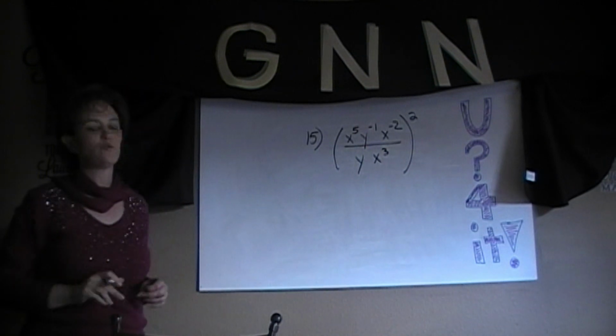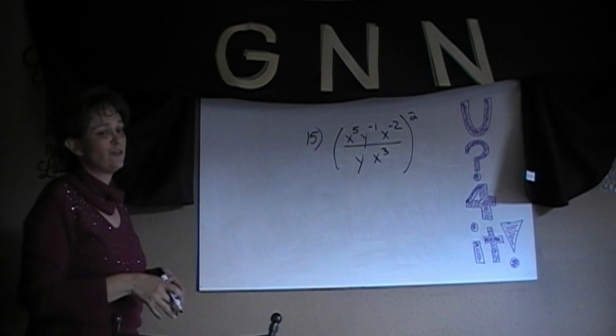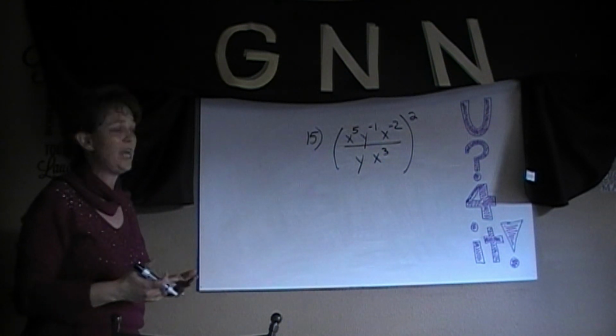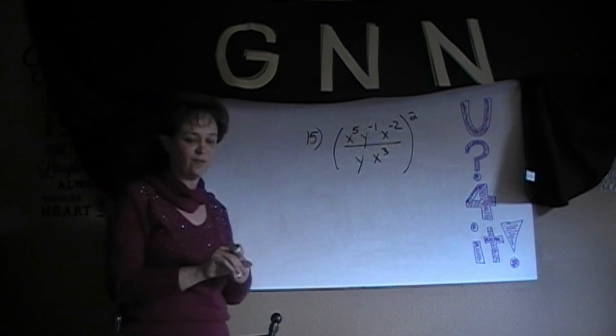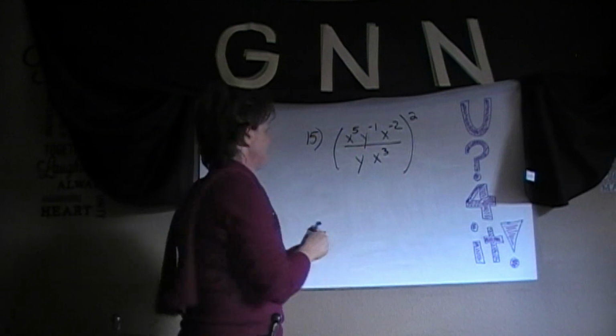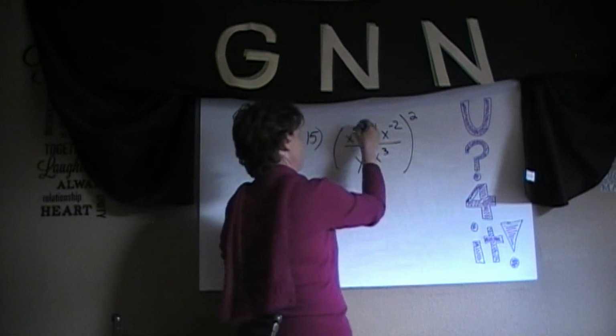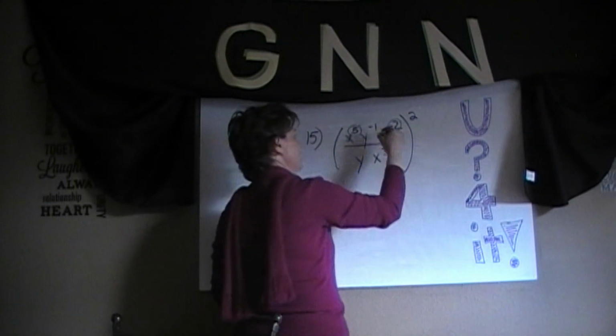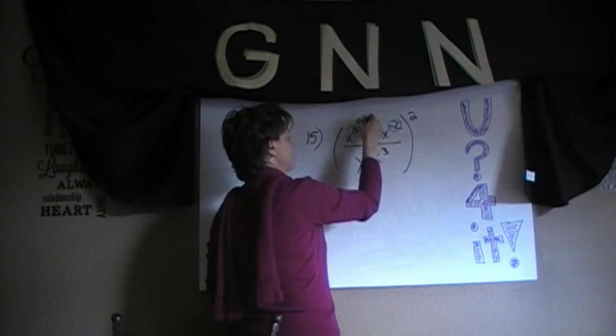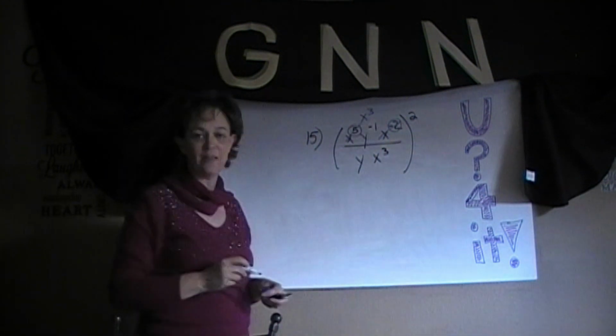Again, let's follow those rules I said. Look in the numerator. Do you have two variables that are the same? And the answer is yes. I have x to the 5th and x to the negative 2. So I'm going to add those exponents. 5 plus a negative 2 gives us 3. So in the top, we'll have x to the positive 3.